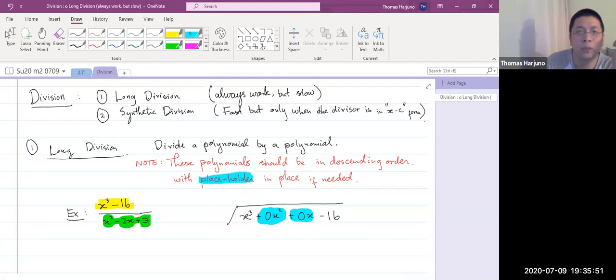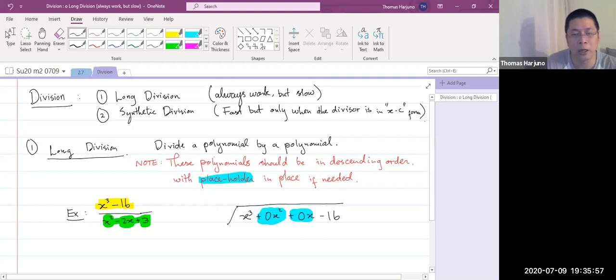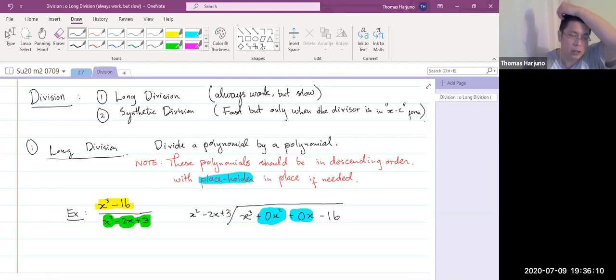So it has to be in descending order and placeholder in place if it is needed. So x squared minus 2x plus 3 is the divisor, so it is outside. The numerator will go inside the house.